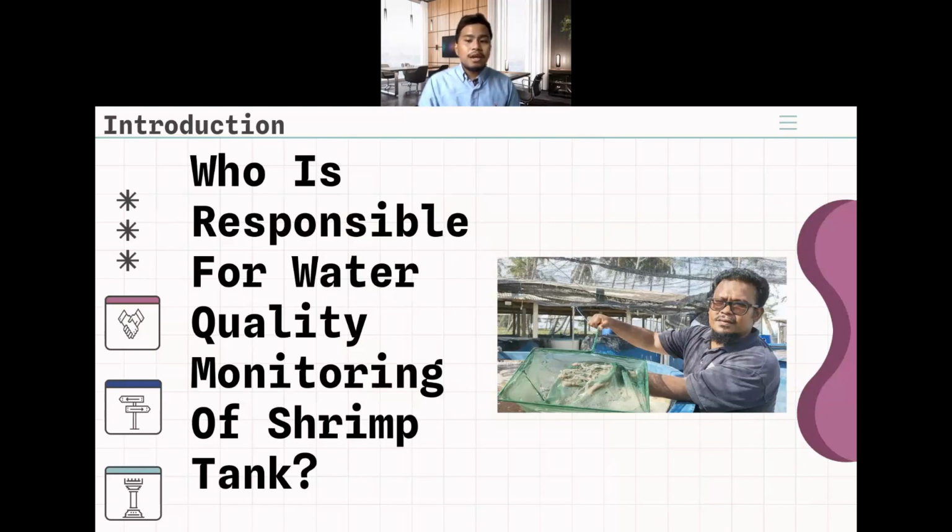This involves regularly monitoring and assessing the key water quality parameters such as temperature, pH, dissolved oxygen, turbidity, and ammonia. Farmers may employ aquaculture specialists or use automated monitoring systems to gather real-time data. By taking proactive measures to monitor water quality, farmers can ensure the well-being of the shrimp and the success of their aquaculture operation.